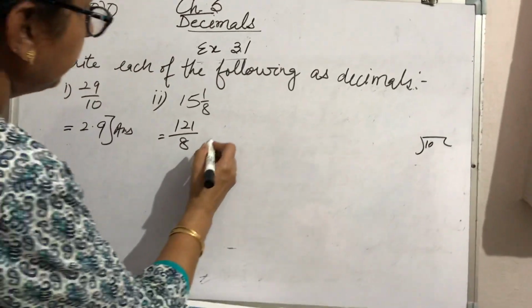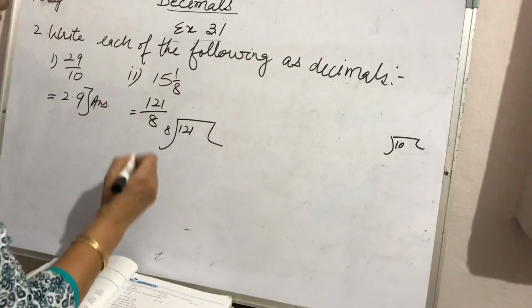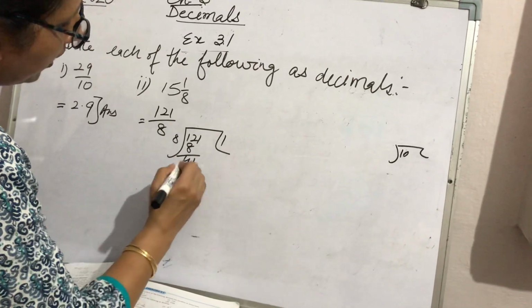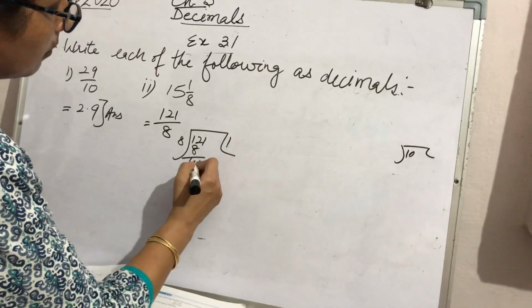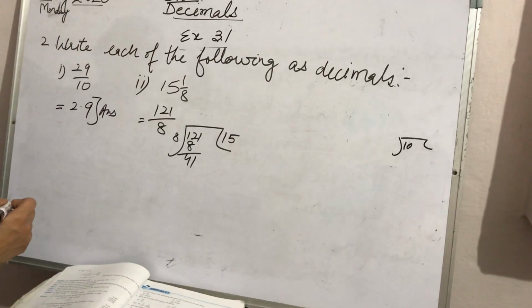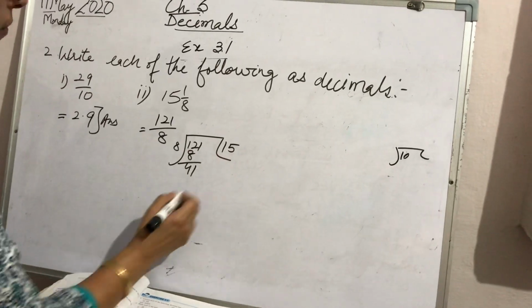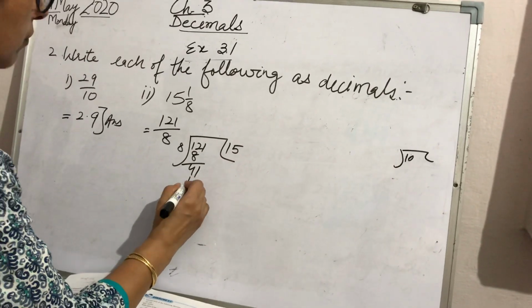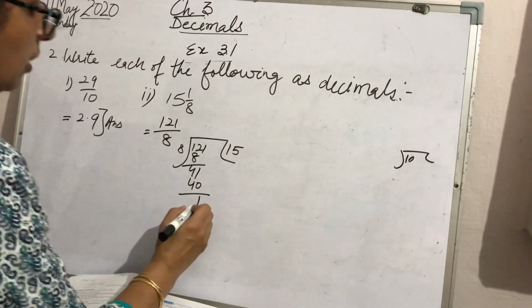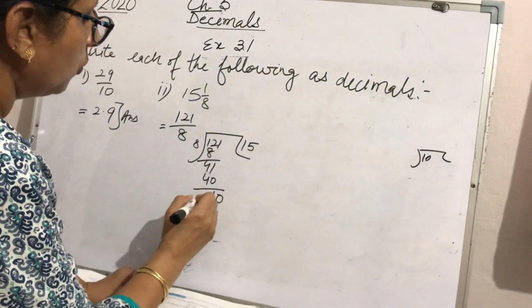Now divide 121 by 8. 8 ones are 8, then 4, 1, 41. Now the 1, we can now use 0.